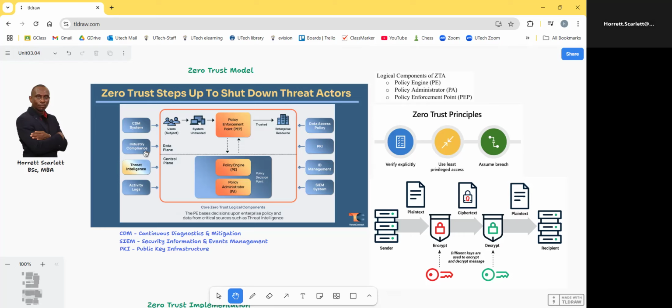And right here in Jamaica, we have now launched our Data Privacy Act, and that is also going to determine some of the rules and regulations that we are operating under. And these rules now have to be baked into the policy enforcement point.